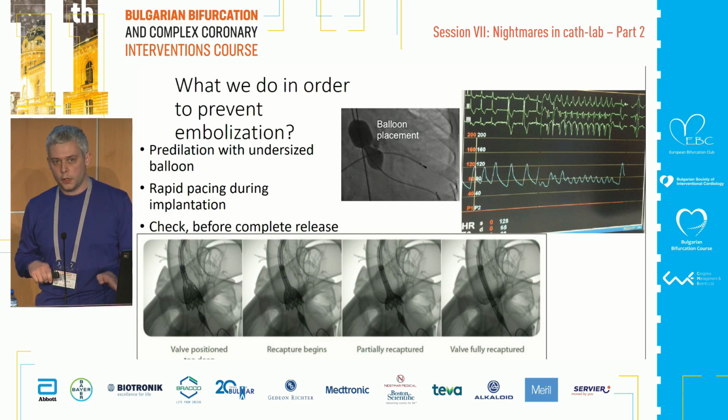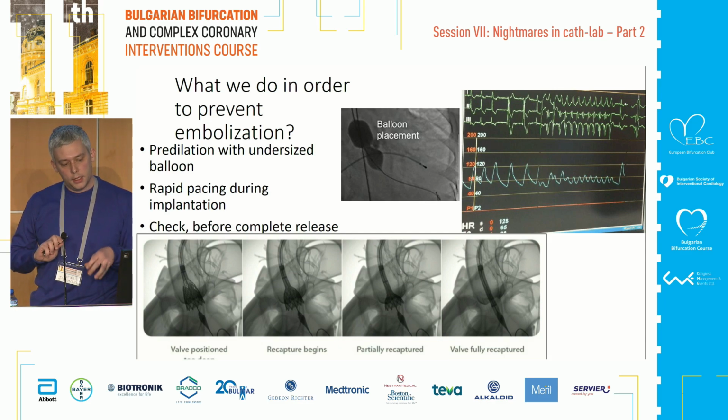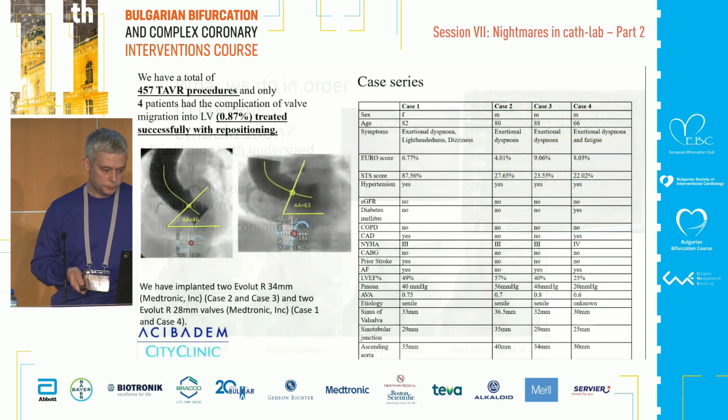In this position, the valve functions. It is not occlusive of the left ventricle outflow tract, so the operator can stop the rapid pacing and make a final check of the position before releasing the valve. If the position of the valve is not good according to the operator's decision, he can recapture the valve, and make the same up to 3 times.